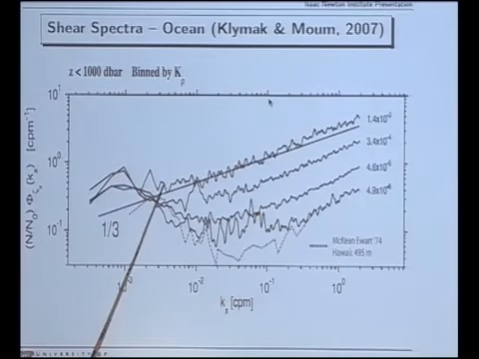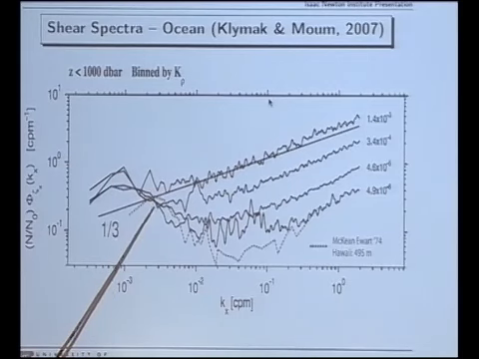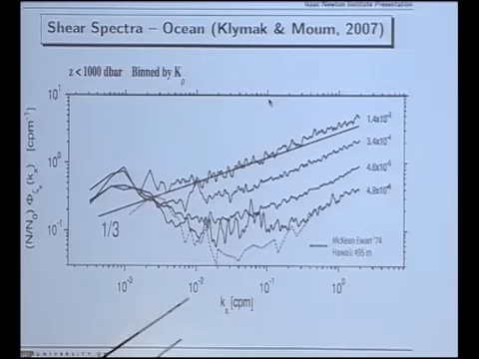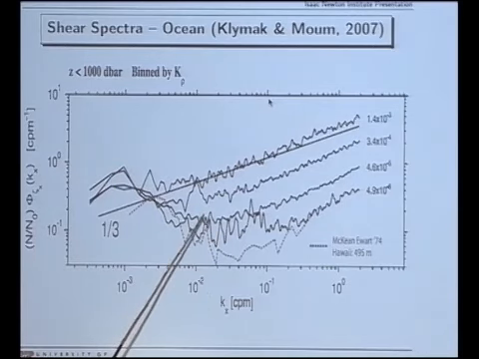So one of the sets of his data is in this here. So again, it's multiplied by k squared. But he was getting spectra going out to like 300 meters, and he was interpreting this as inertial convective subrange, which is probably impossible if you take the traditional case.